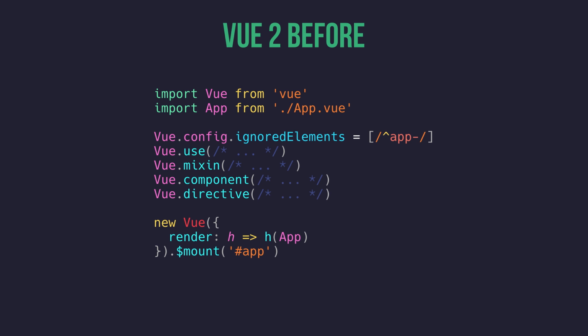I'm going to render out my App.vue, and I'm going to mount that to an element with an ID of app. So as you can see, all those Vue.use, mixin, and component calls are basically saying at a global level, these are the things I want you to do. And now I'm going to create one instance of my application.